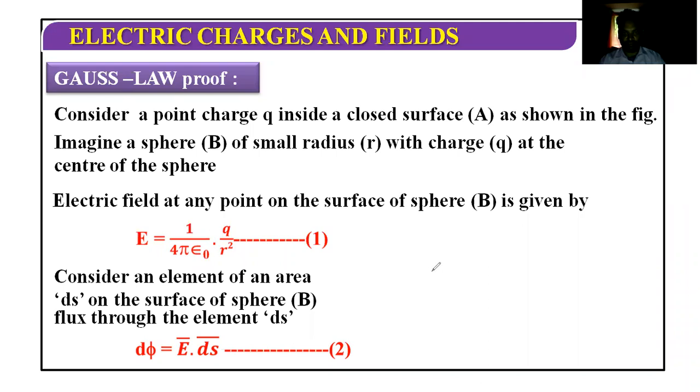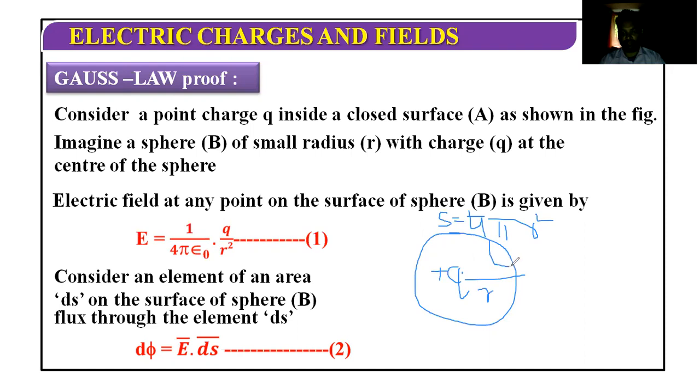Now this single charge, plus Q charge, is placed inside a Gaussian surface, having the total surface area S equal to 4 pi r square. R is the radius of the Gaussian surface.